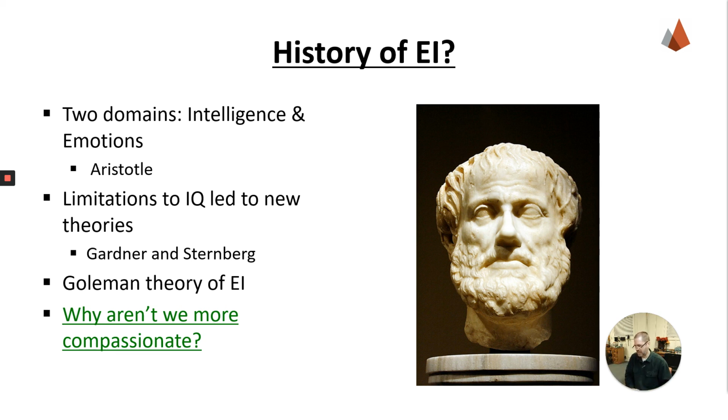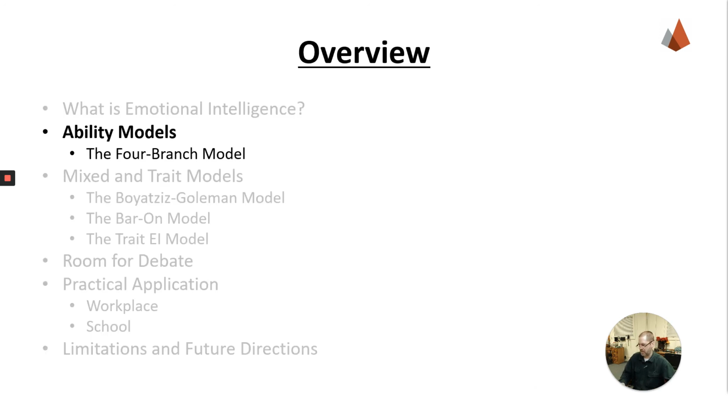So I think it's interesting to consider these things, and certainly consistent with what we're trying to study here. So let's go on to the ability models and look at some. So what is emotional intelligence? We've considered that. And now some of these ability models, and what we call the four branch model.